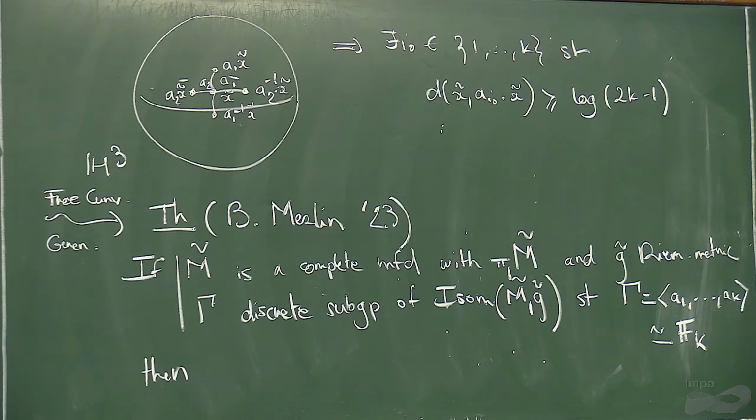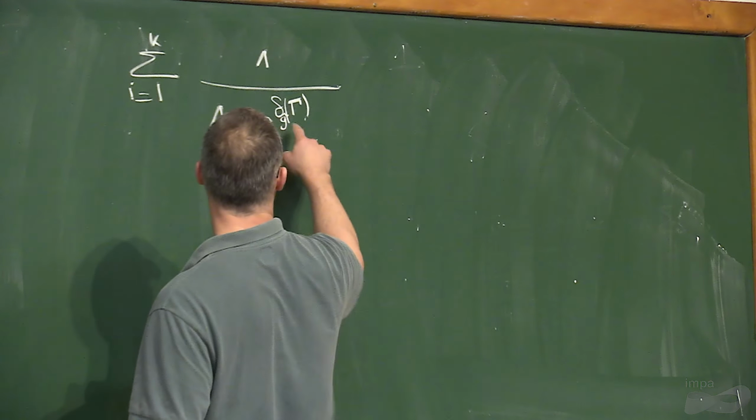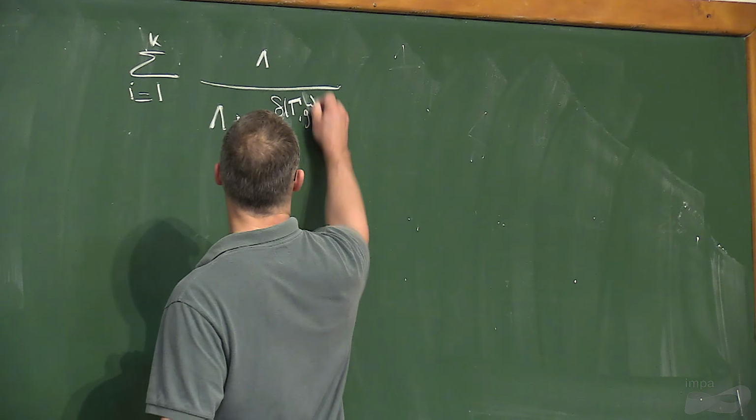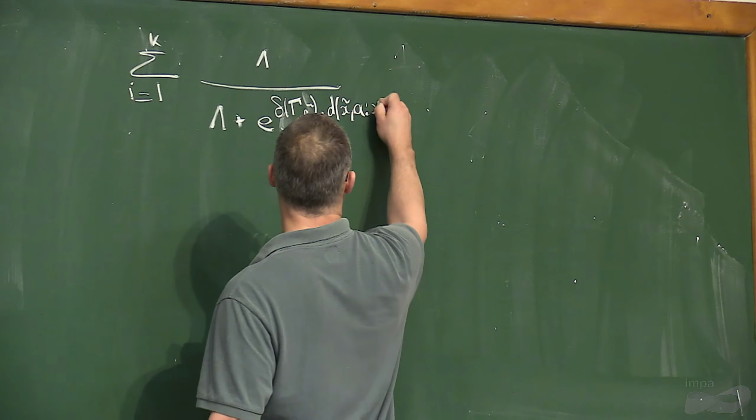So the following sum: 1 over 1 plus exponential of the delta associated to the group gamma and related to the metric G tilde, times the distance of x tilde to gamma i x tilde.